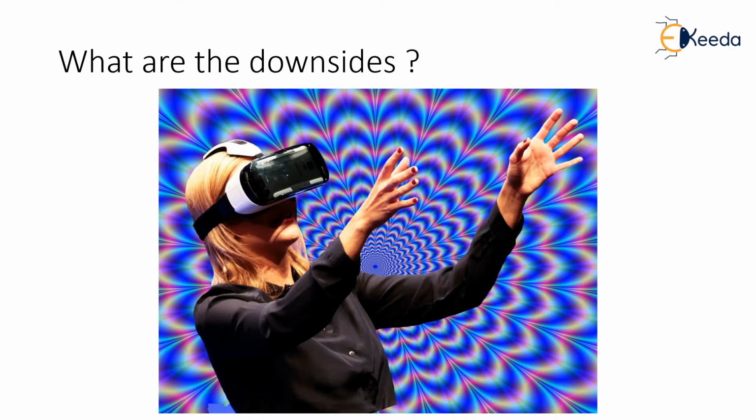So your brain is kind of confused about what is exactly happening. During such times, many people start feeling nausea or start feeling very giddy. That's why virtual reality experiences have to be designed in such a way that they do not induce these kinds of effects for a person.